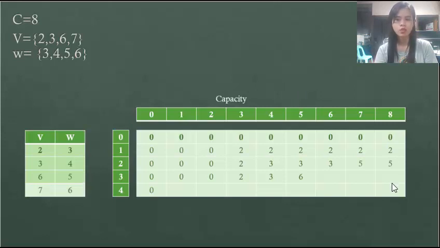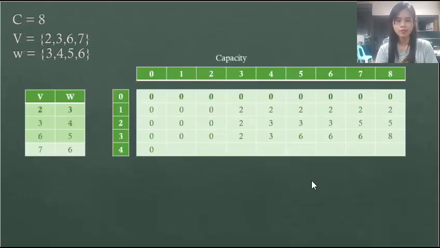This means we can put the value on the capacity 8 with the total values of the first and the third item, which is equivalent to 8. So for columns 6 and 7, we will copy the previous value, and the previous value is 6, right?